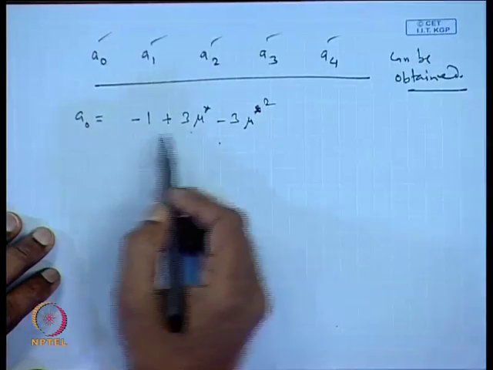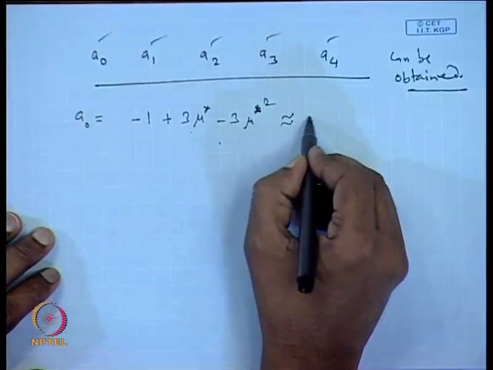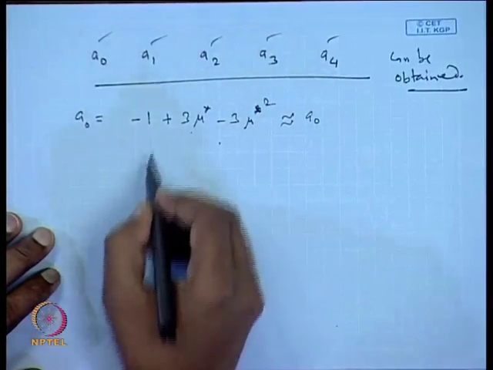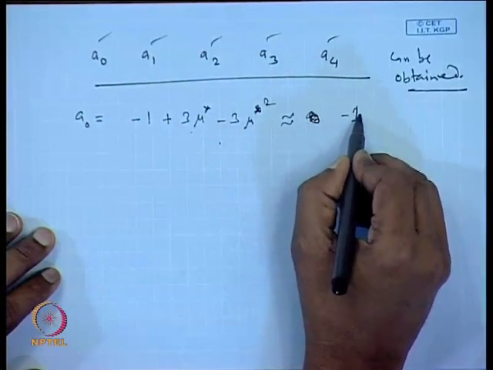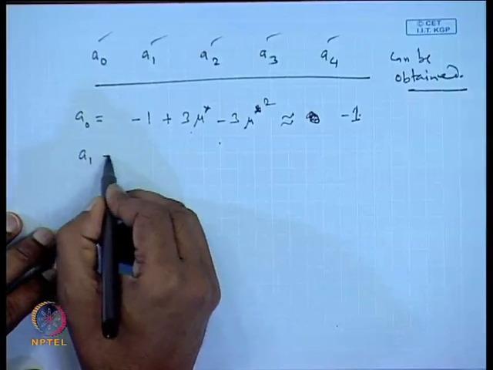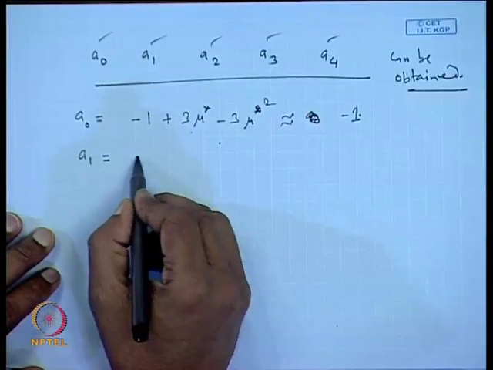So, this is very small as compared to 1, and A 0 can be approximated as minus 1. Similarly, A 1 you can find out.